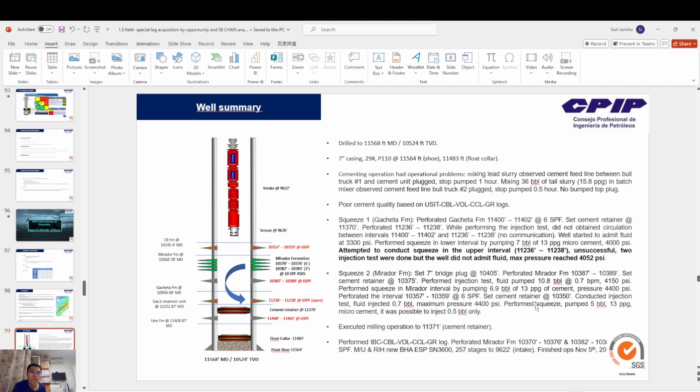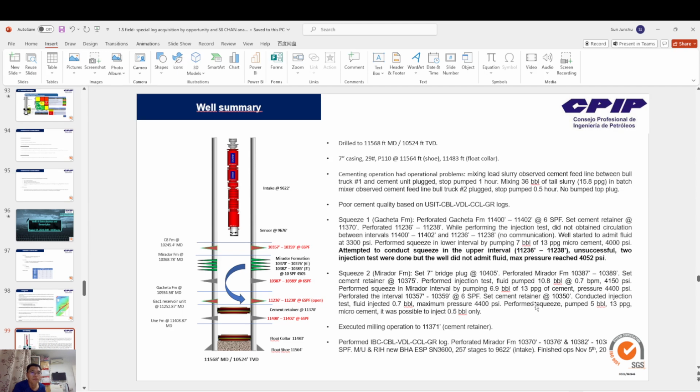While performing the injection test, did not obtain circulation between 11,400 feet to 11,402 and 11,236 feet and 11,238.